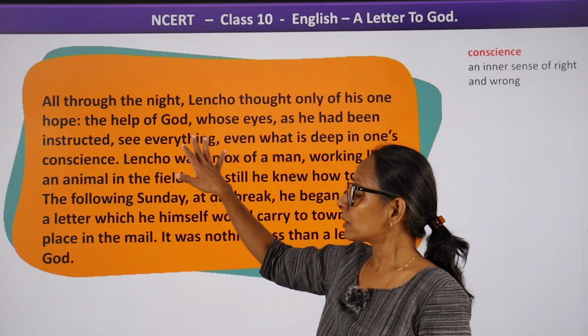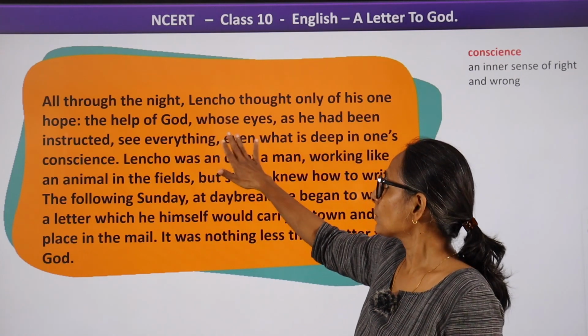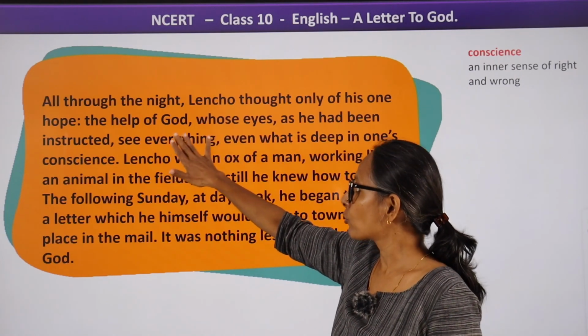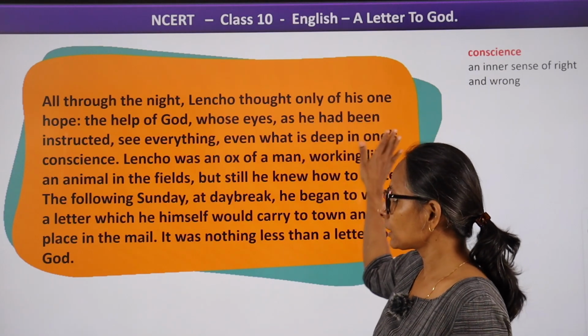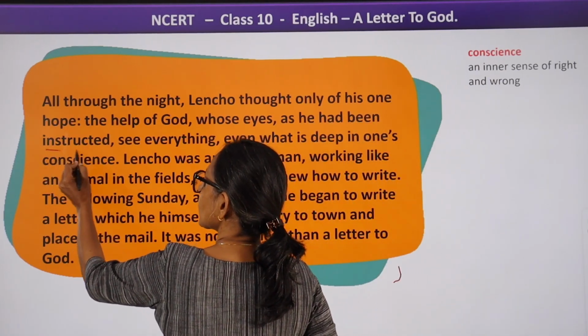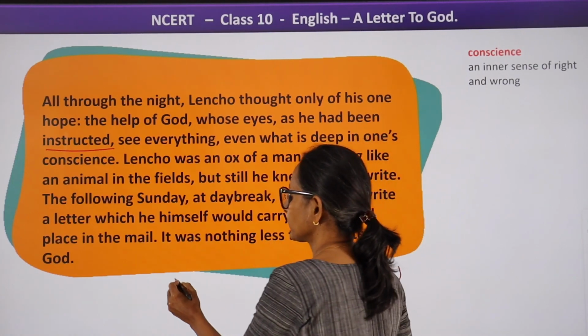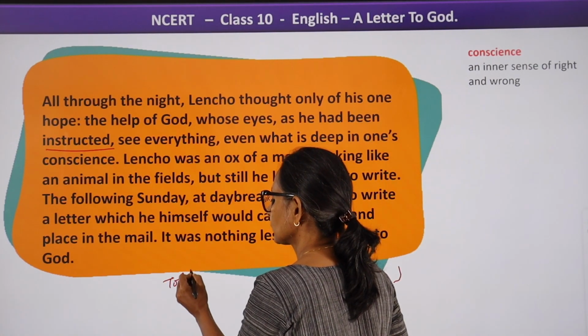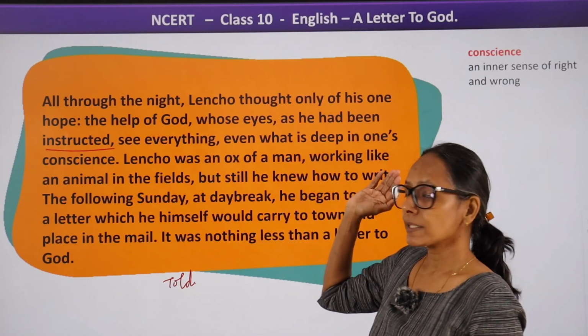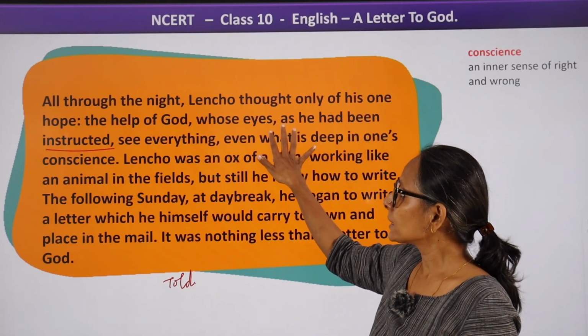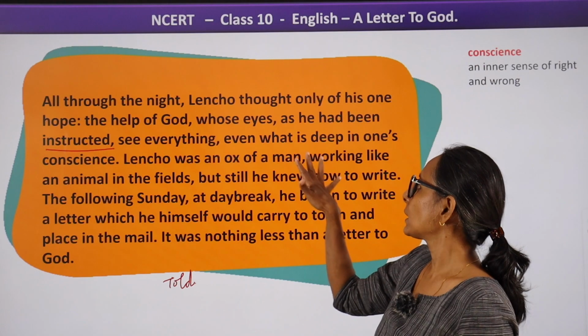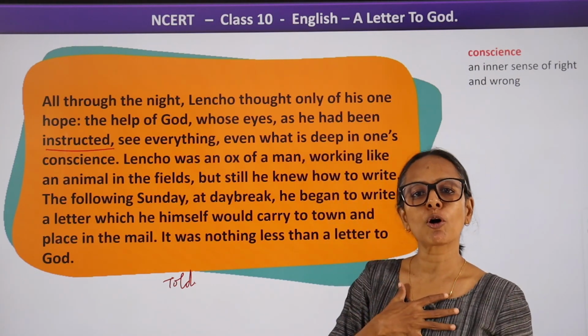What does instructed mean here? Instructed, as he has been told. Like he has been told by others that the eyes of God see everything, even what is deep in one's conscience.